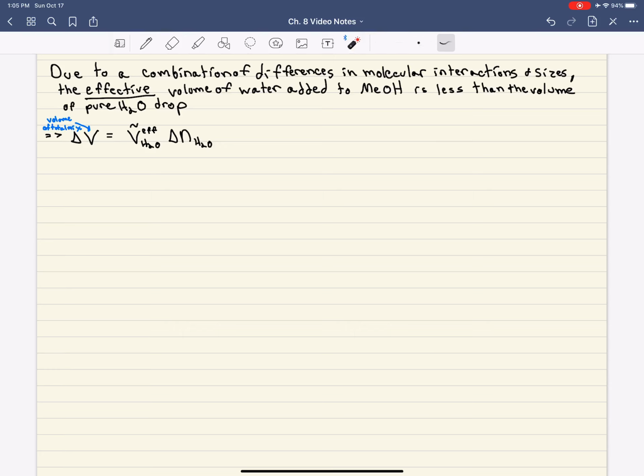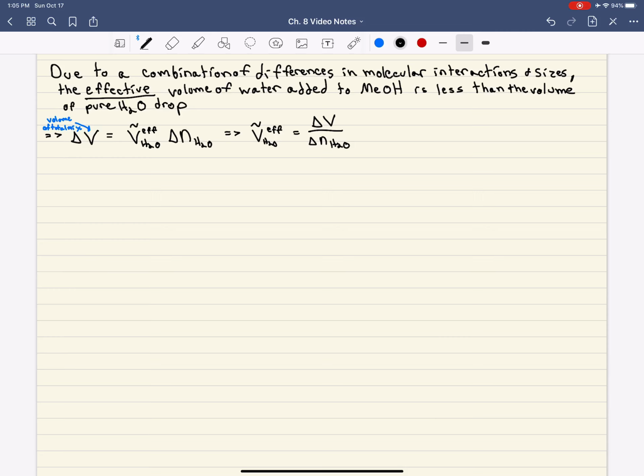So molar volume is volume over moles, and then this is moles, so that in the end we just get volume. Okay? And so that's what the total change in volume of the mixture is. It's just a product of the effective water molar volume times the amount of moles we're actually adding to the system. If we rearrange it, we get that the effective molar volume of H2O is equal to delta V over delta n H2O, right? That just comes from the algebra.